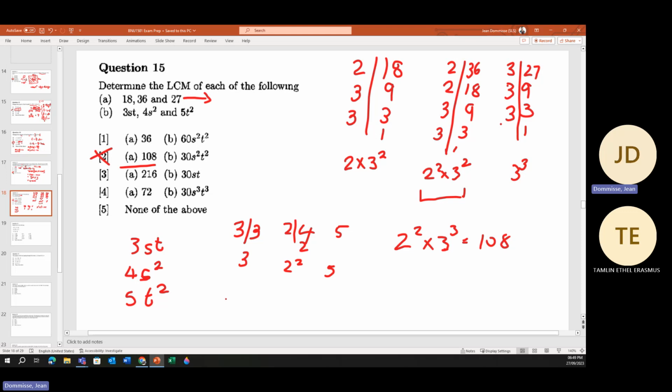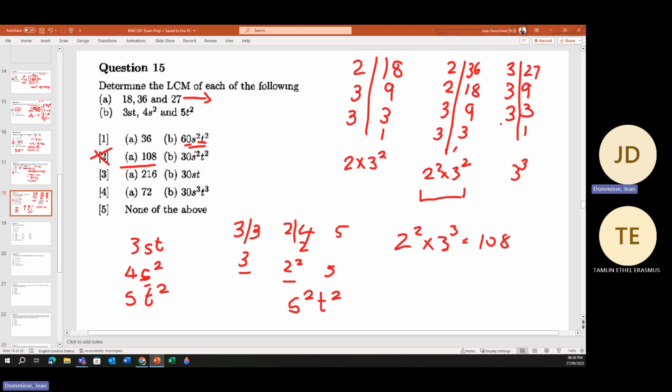So on the constants, we already have 3 times 4 times 5, which gives me actually 60. And then on the other numbers, we sit with s to the power of 2, t to the power of 2.